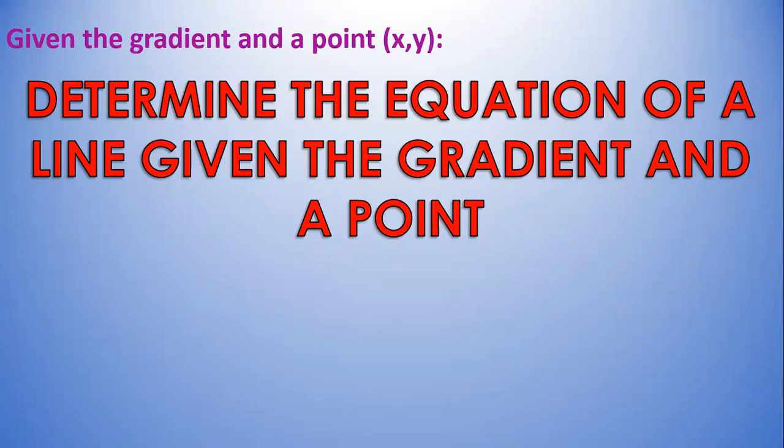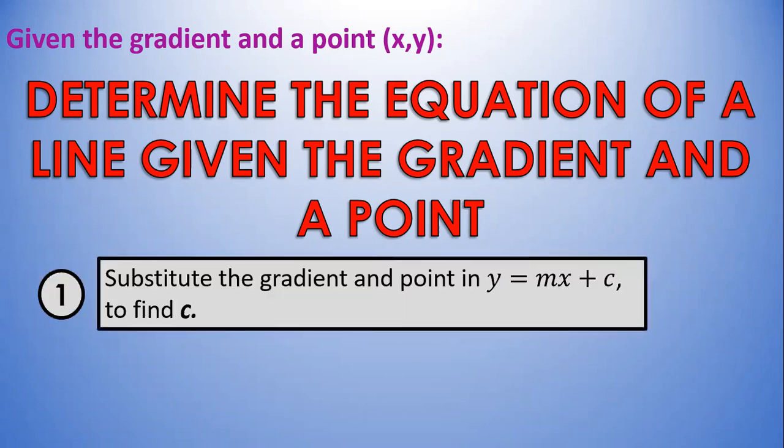When given the gradient and a point to determine the equation of a straight line, there are a few steps that we must take into consideration. Given the gradient, we have to find c. How do we find c? We are going to substitute the gradient and the point given in the equation y is equal to mx plus c.